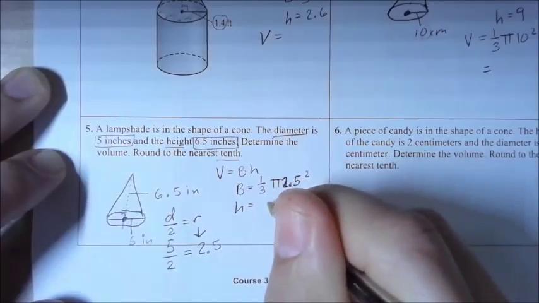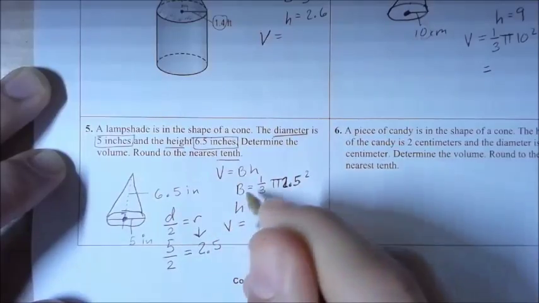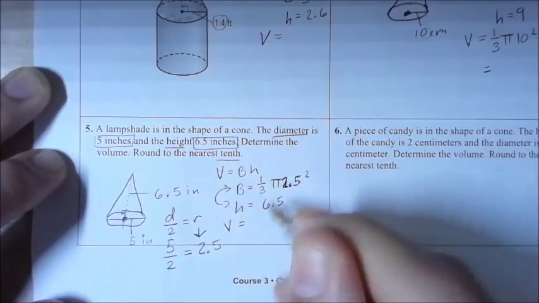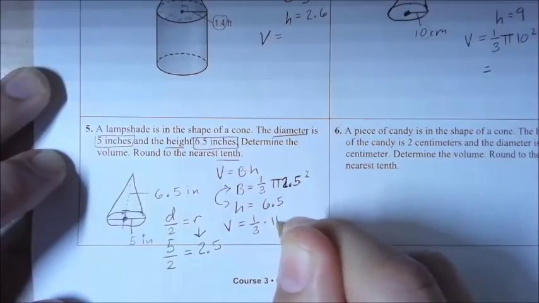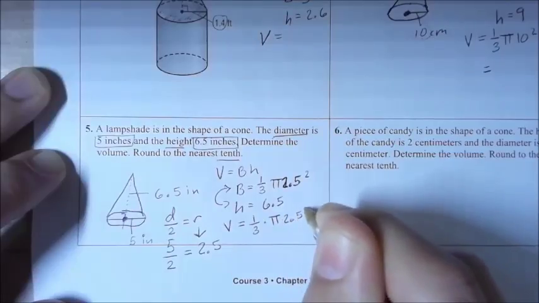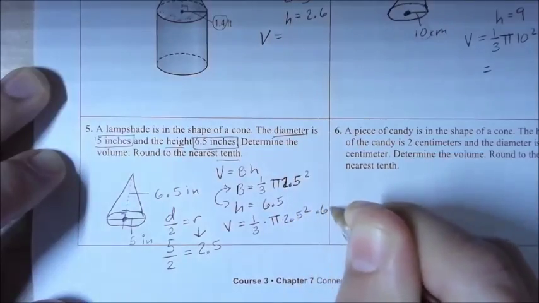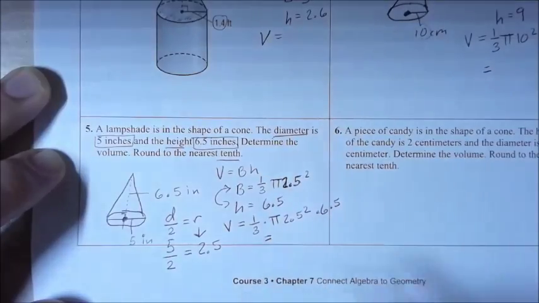And then my height is 6.5. So now if I go ahead and put it all together, I'm going to multiply big B times H. Then I have 1/3 times pi times 2.5 squared times 6.5. And once I put that in my calculator, it'll give me the answer.